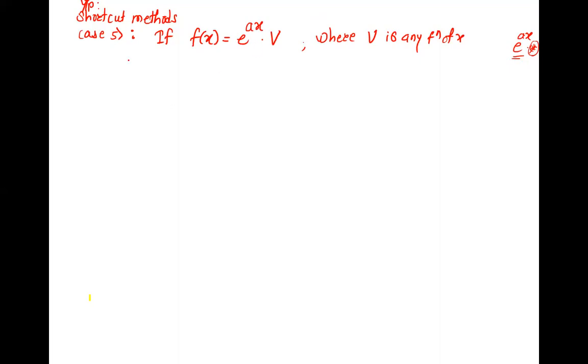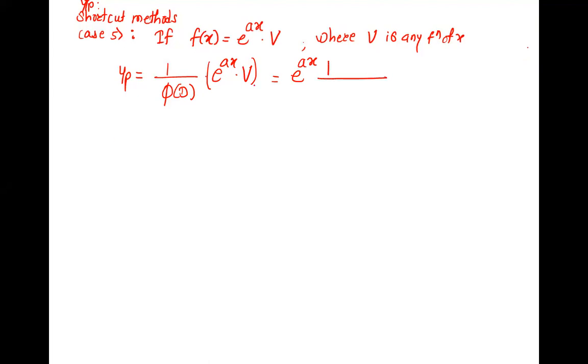Okay, now the case is yp. How do we define yp? 1 upon phi of d into f of x. But f of x is e raised to ax into v. Correct? We have written yp. Okay, now the cases. Pay attention. If it is this e raised to ax into v, here e will come out of the whole thing.